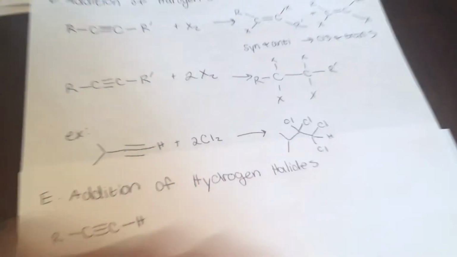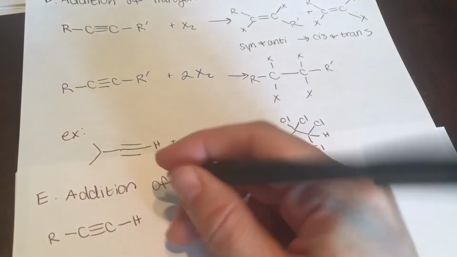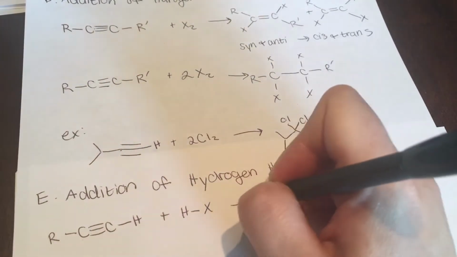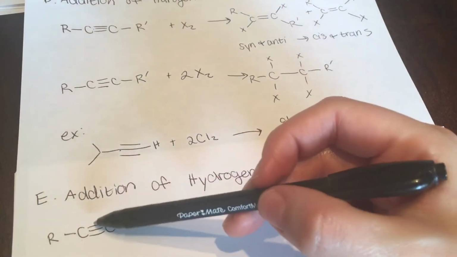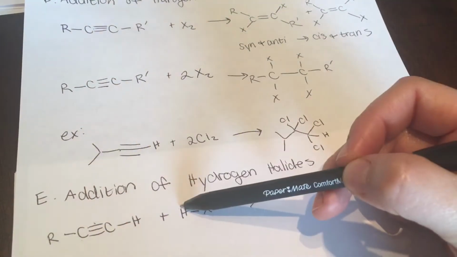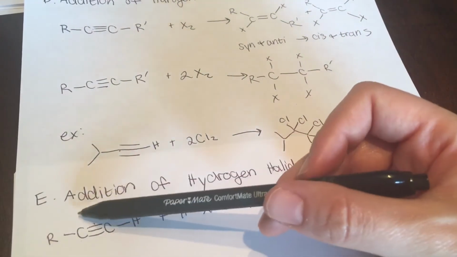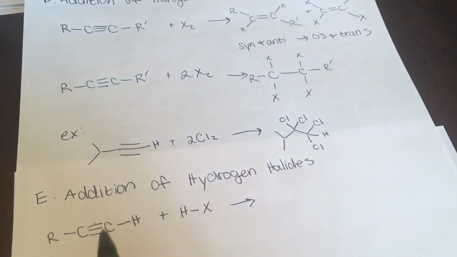This does follow Markovnikov's rule, just like it did in double bonds when we add a hydrogen halide across a double bond. It's the exact same mechanism as before. We take our pi bond, it's going to attack a hydrogen, and the leaving group's going to leave. We want the positive charge on the more substituted carbon, which means this other carbon is going to get the hydrogen.